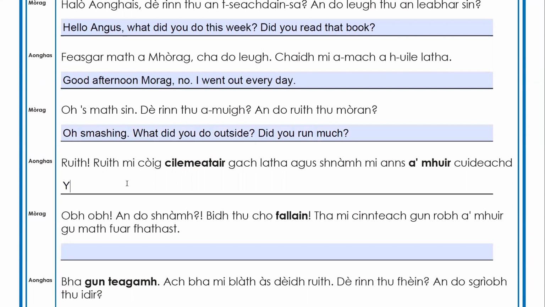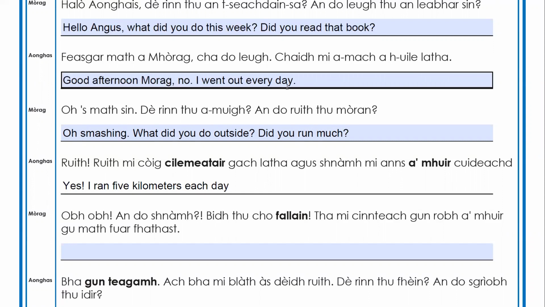So first Rui is yes, and the Rui, yes. Rui me, I ran coig kilometer, 5 kilometers. Gachla every day. So gachla is probably more like each day, and ahulala every day.